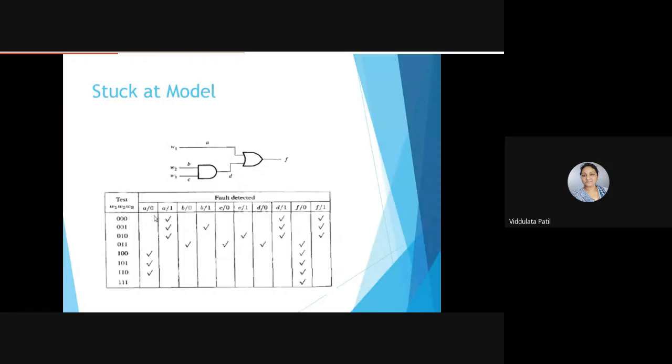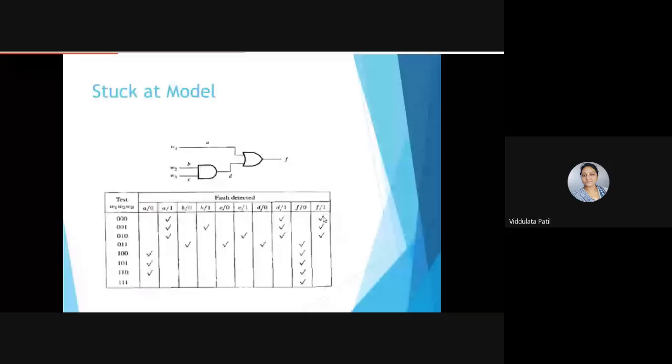So that means this test vector, 0, 0, 0, could be used to test for these three conditions. These are the three faults: A stuck at 1, D stuck at 1, and F stuck at 1. So that could be detected.